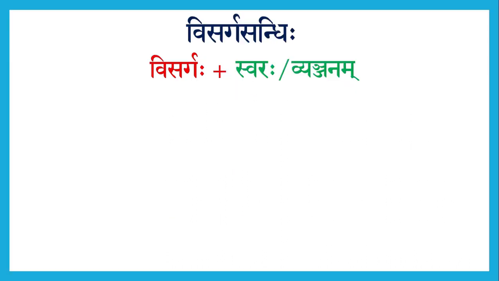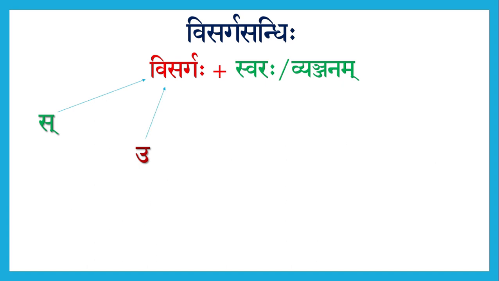Purva varnaha is a visarga and the paravarnaha is either a swara or a vyanjanaksharam. In such a condition, another letter appears and the visarga disappears. The adeshaha may be the letter sa. If so, then it is called sakaradeshaha. The second, it may be the letter u.